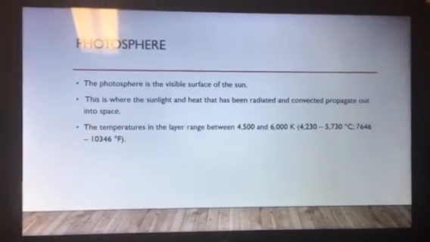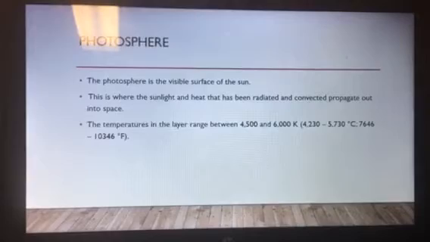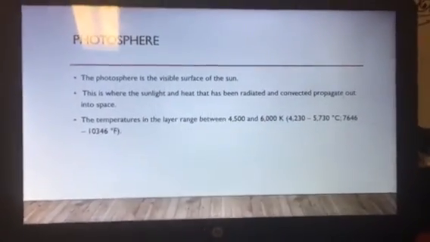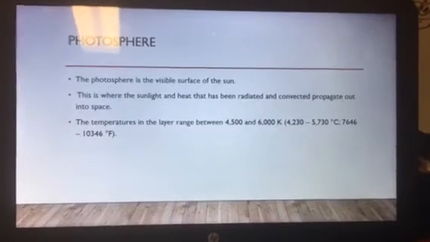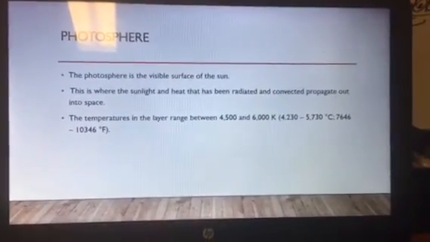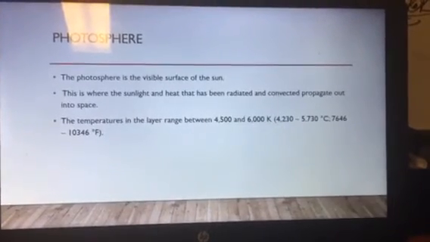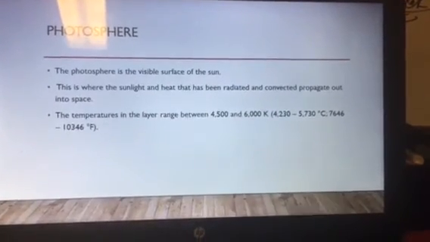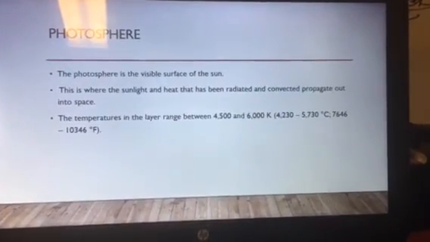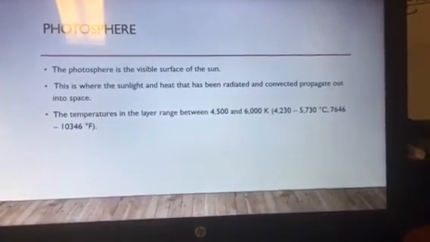Now we have the photosphere. The photosphere is the visible surface of the sun. Well, the human eye really can't look at it, but it's the visible surface of the sun. So basically the photosphere is the skin and the definition of the sun.